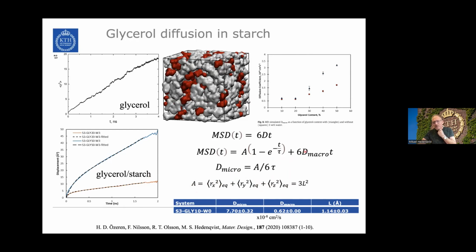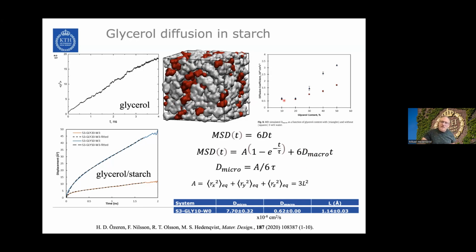And then you have a diffusivity for this cage-like motion, and a diffusivity for the random type of motion. Here I put in a table for a system with starch and 10% glycerol, and you can see that the diffusivity in the cage is much higher than the overall random diffusion.